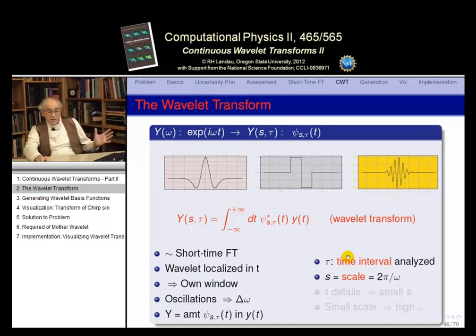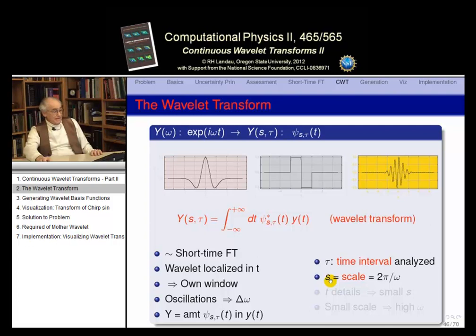Tau, which is the time interval over which the wavelet exists, or the center where we place the wavelet, is a parameter. So we now have a doubly indexed transform. So it's better to do on a computer because you can't just plot it up as a function of one variable. You need a surface plot, function of s, the frequency-like variable, and tau, where we place the window.